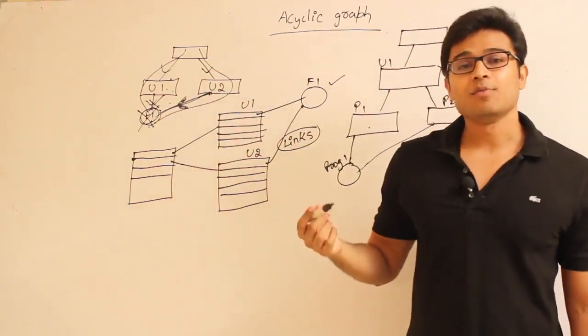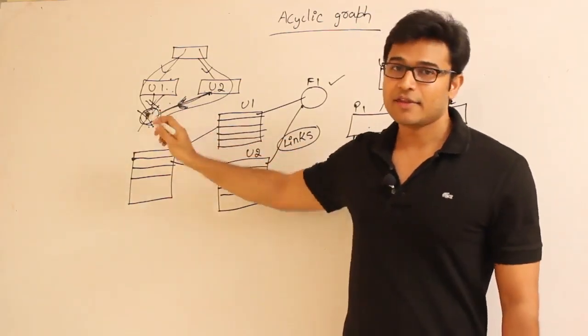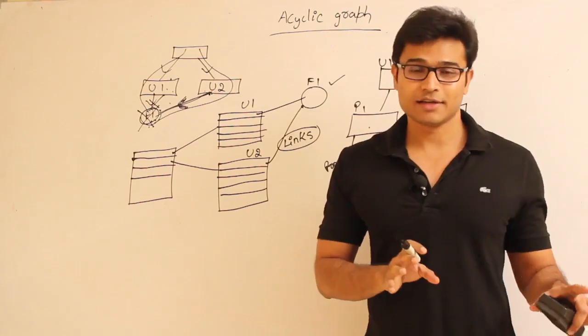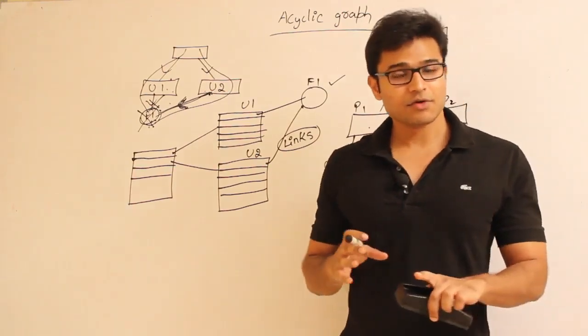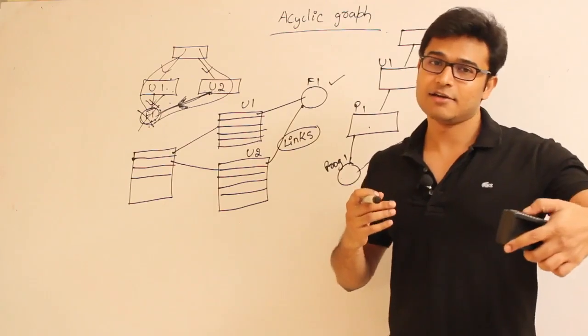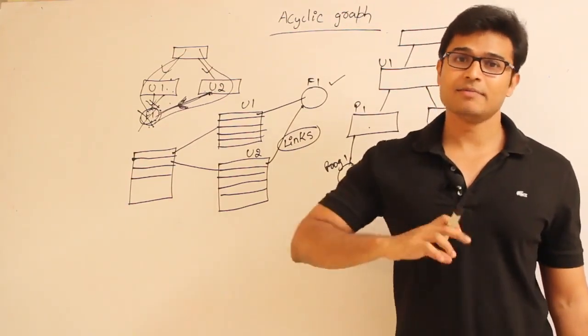In case many links are pointing to the same file, then there will be a lot of path names to the same file. Then whenever you try to list all the files present in the file system, you might end up listing the same file many times.